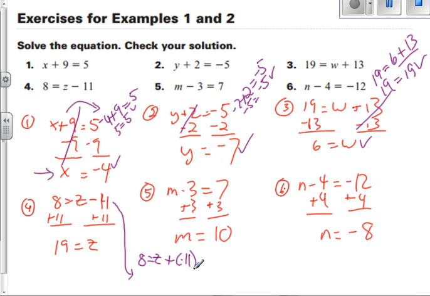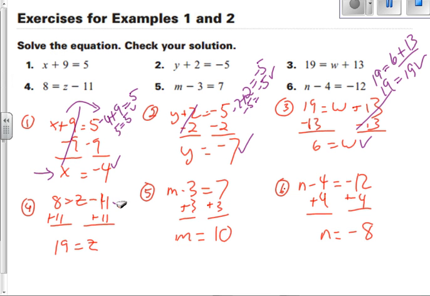Since I'm adding, I can actually just add the inverse of that number. So you can do the inverse operation, keep the number the same, or you can keep the same operation, but you are adding the inverse of that number. So there's 2 ways to look at that. Hopefully that wasn't too confusing for you.